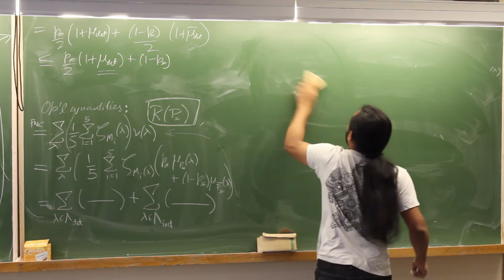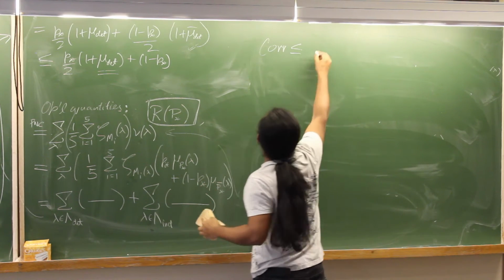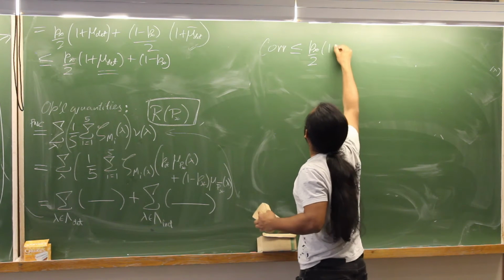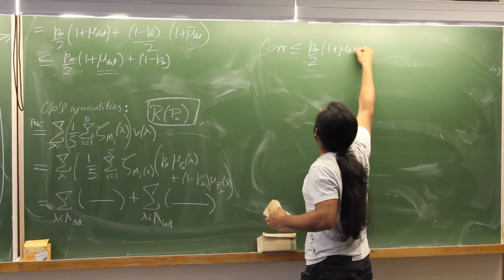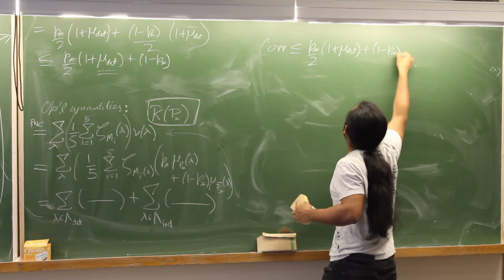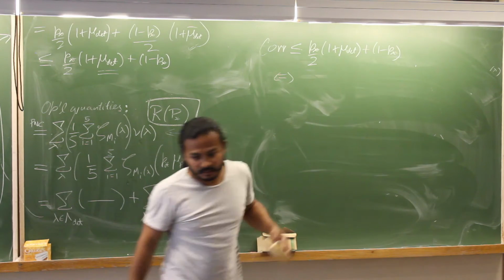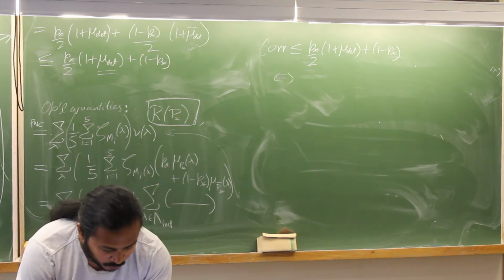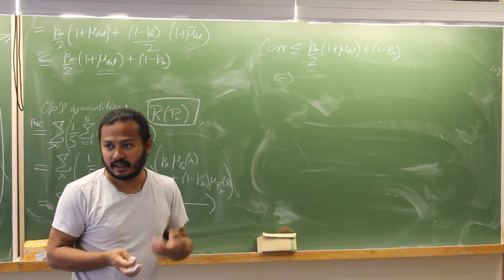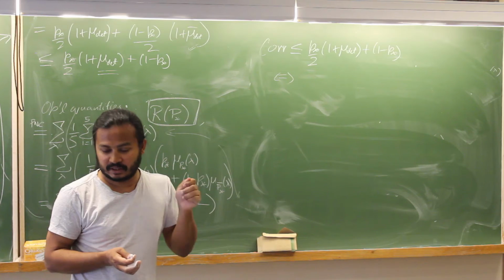Yeah, so what we basically showed is that core is less than or equal to p star by 2 into 1 plus mu deterministic plus 1 minus p star, which is the same thing as putting a lower bound on mu deterministic. So this puts a lower bound on how deterministic the distribution over deterministic quantum states is.